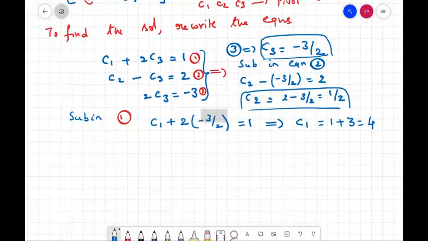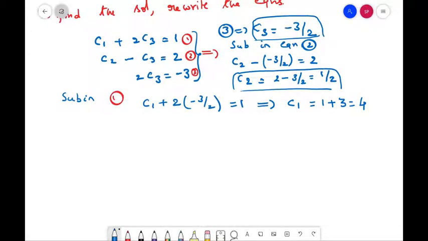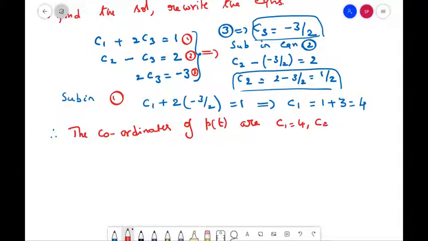So now I have got the three values. What are the coordinates? Therefore, the coordinates of P of t are, C1 is equal to 4, C2 is equal to 1 by 2, and C3 is equal to minus 3 by 2.